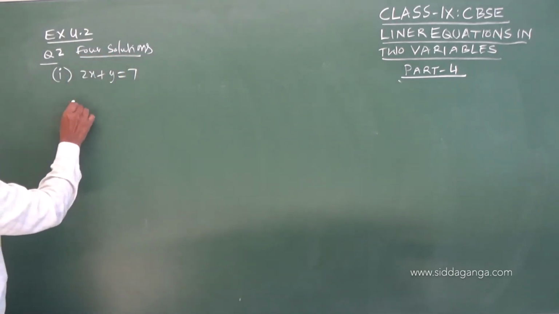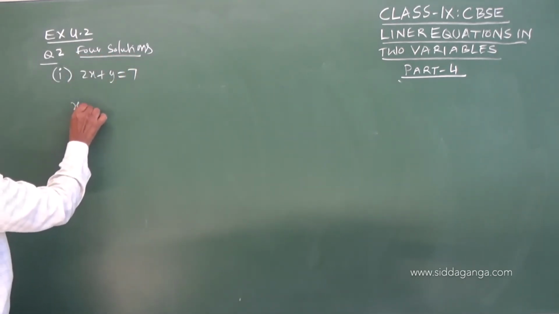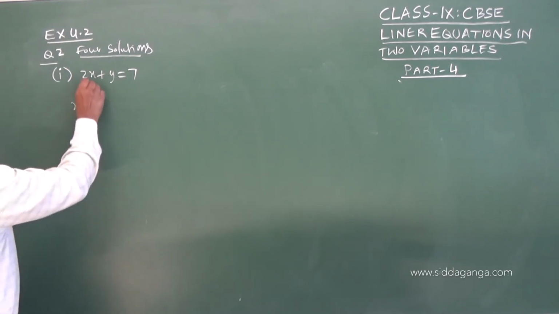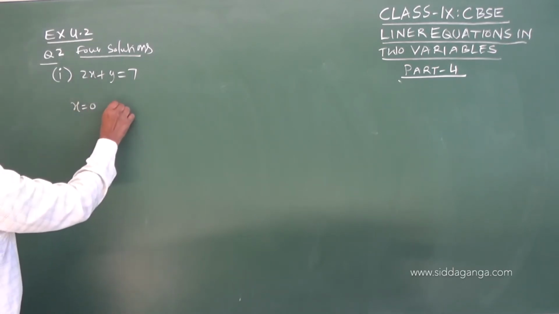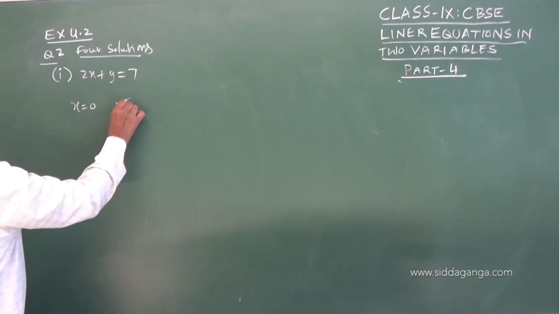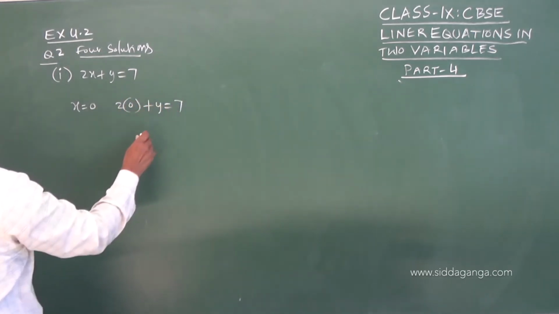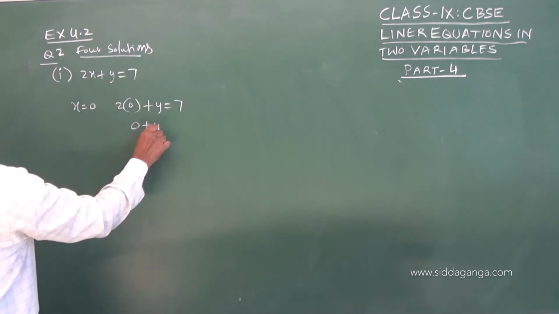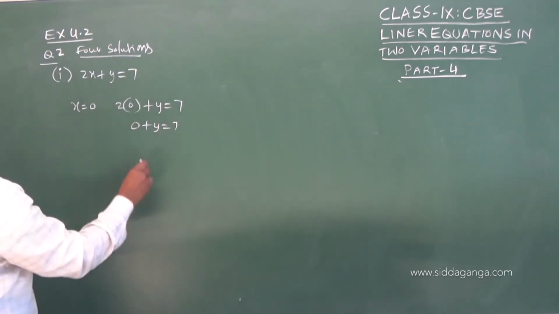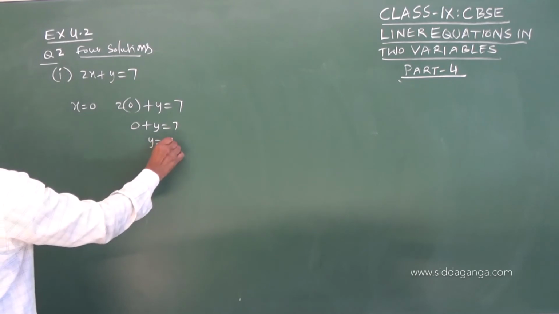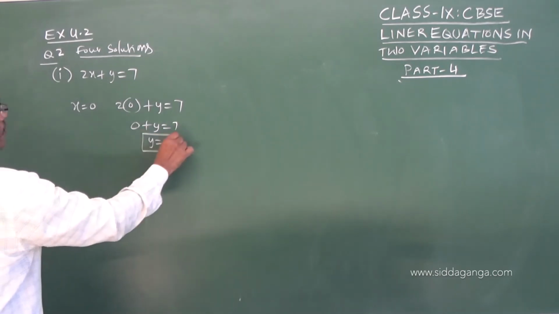Let us take x equals 0. When x is 0, this is 2 into 0 plus y equals 7. 0 plus y equals 7. So, y equals 7. We got one solution.